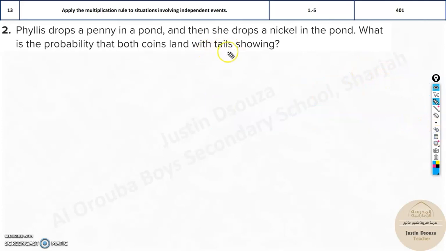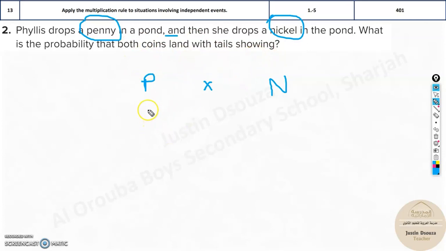So if you remember heads and tails, now we can easily separate these two things, penny and nickel. So I write P and N. And always means multiplication. Both of them must land on tails.